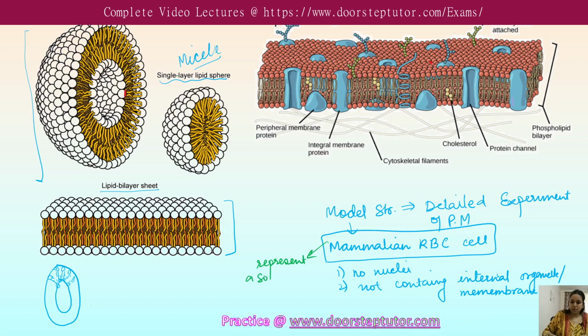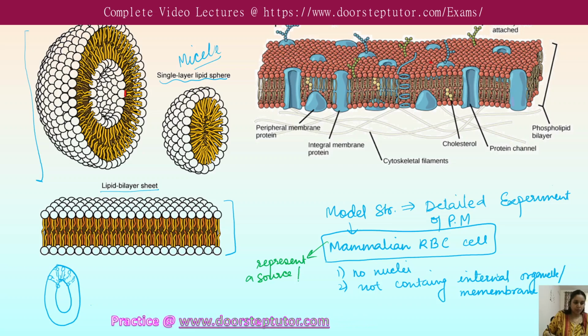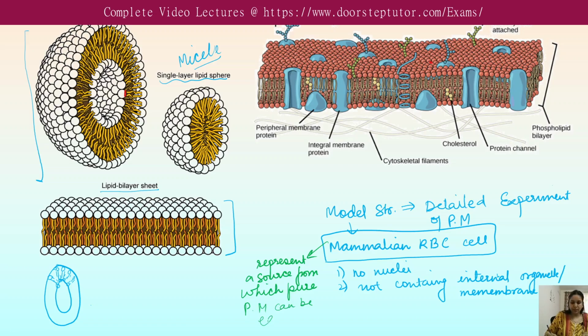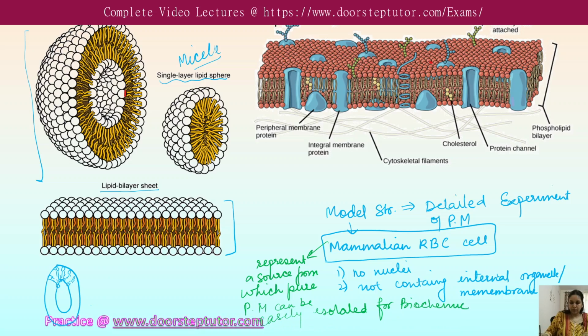Therefore, the mammalian RBC can represent a source from which pure plasma membrane can be easily isolated for biochemical analysis.